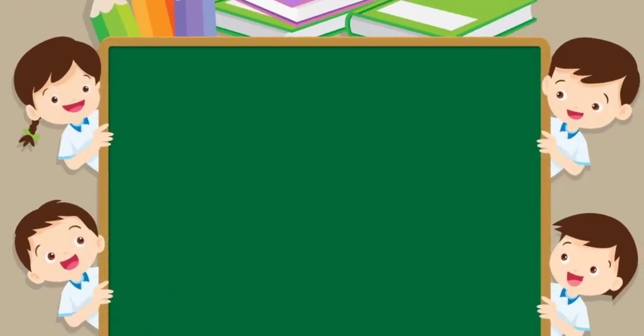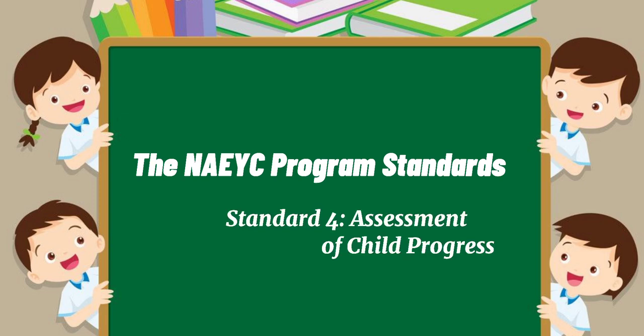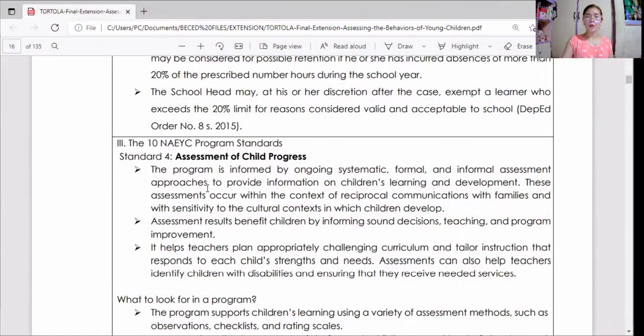Okay? Now, let's continue with the next guidelines based on the NAEYC program standards. So, this is the standard of assessment in the NAEYC. Assessment of child progress: the program is informed by ongoing, systematic, formal, and informal assessment approaches to provide information on learning and development.